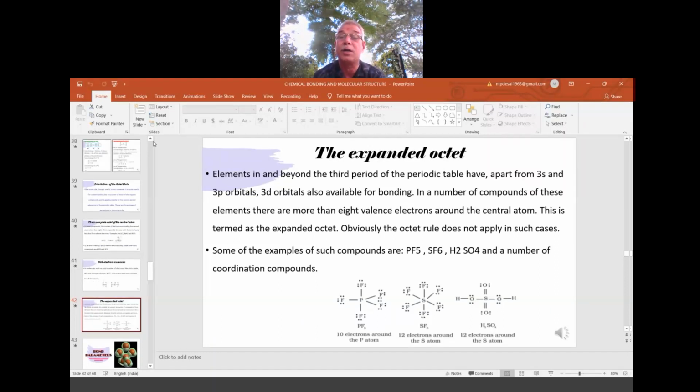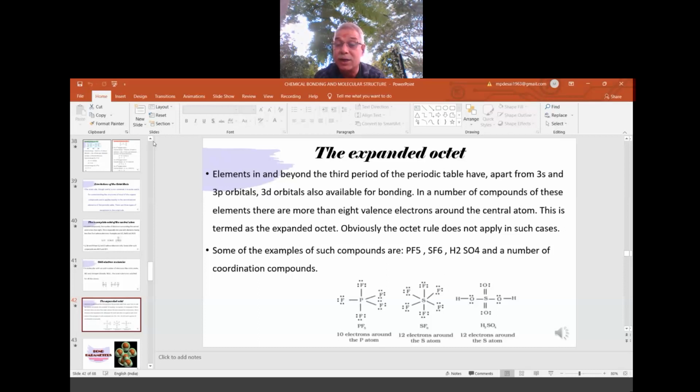Now it is the expanded octet, more than 8. The octet will expand. See the case of PCl5, phosphorus pentachloride, where we have seen how many bonds around P? 5 bonds. 5 bonds means what? 10 electrons, more than 8, expanded octet. Sulfur hexafluoride, 6 bonds, 6 into 2, 12 electrons.